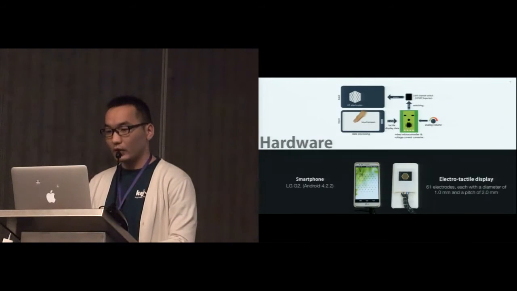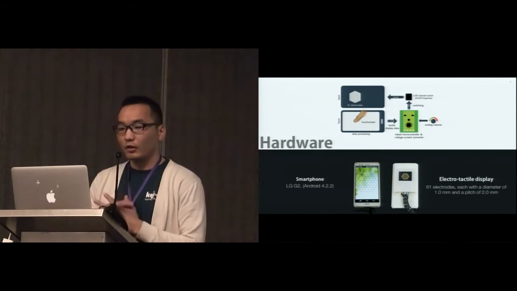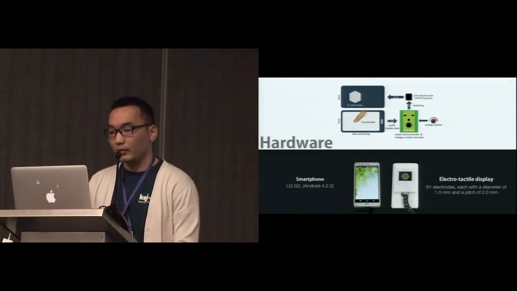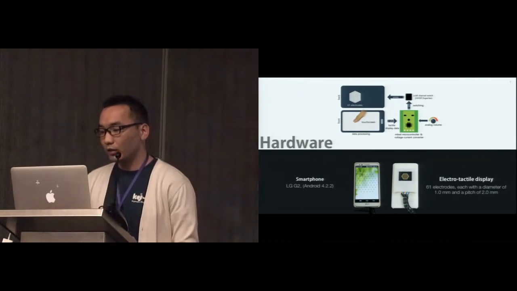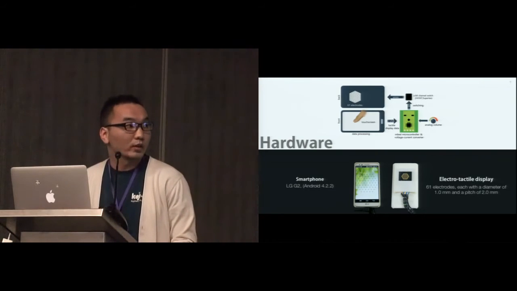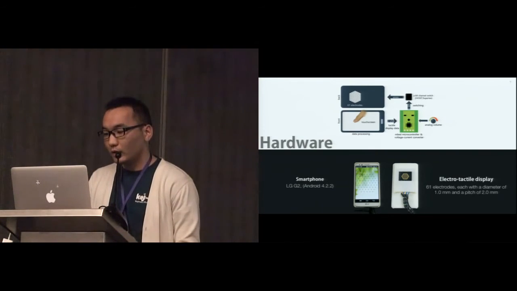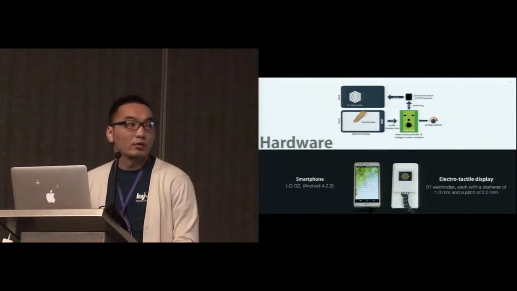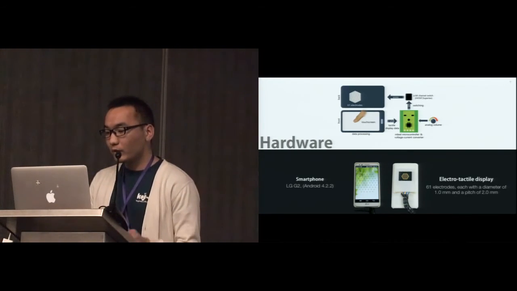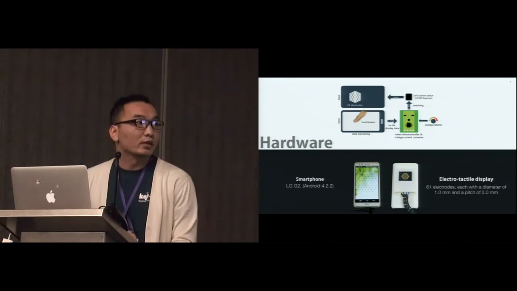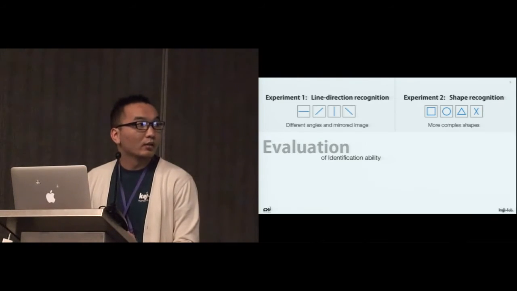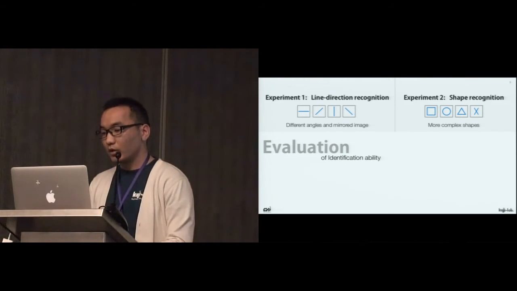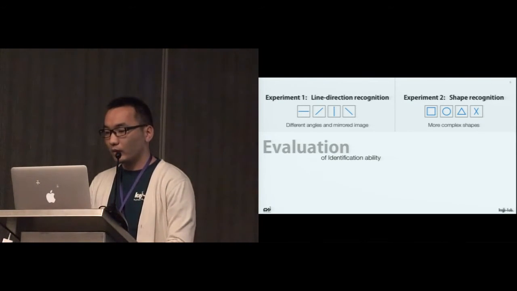Next, we show in this slide the schematic of our hardware prototype. We use a smartphone and an electro-tactile display with 61 electrodes. The tactile display is as small as a fingertip, and it was developed in our laboratory. We use a USB cable to connect these devices. Then we conducted two experiments to evaluate our device.